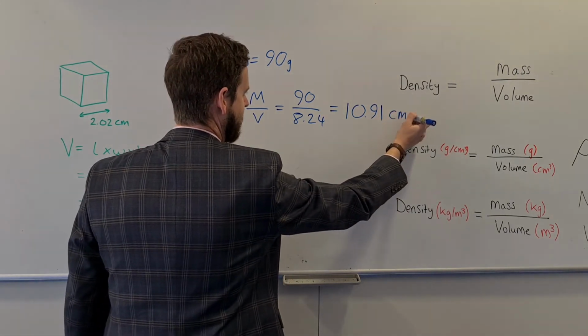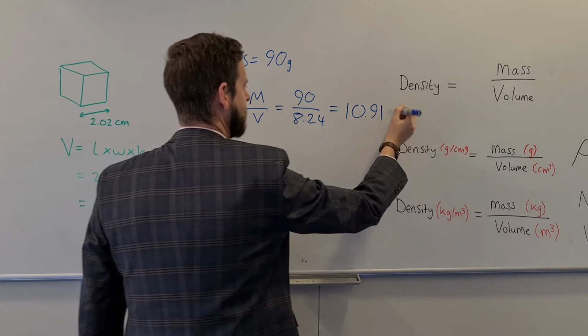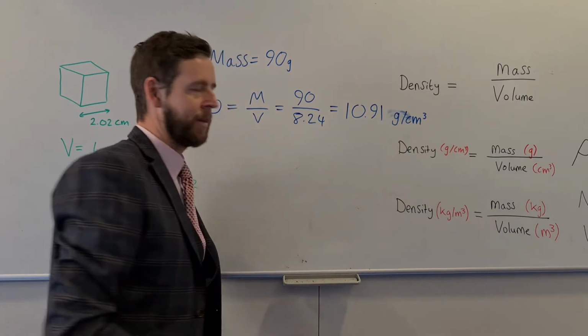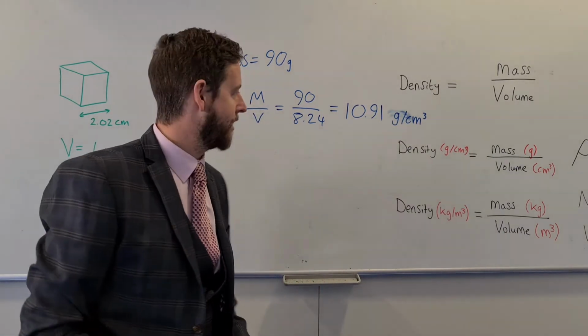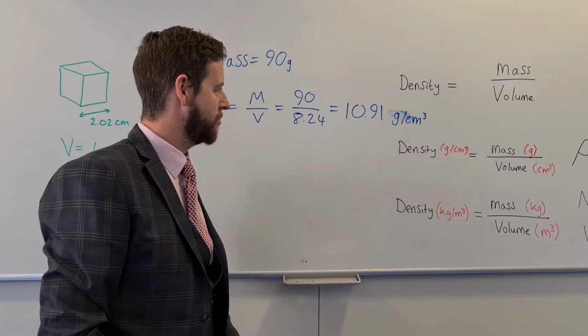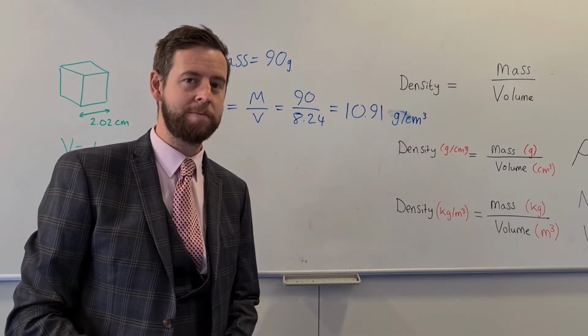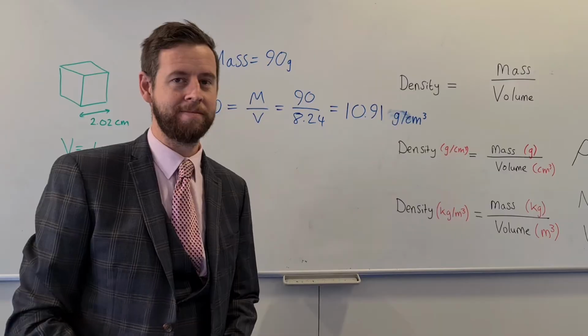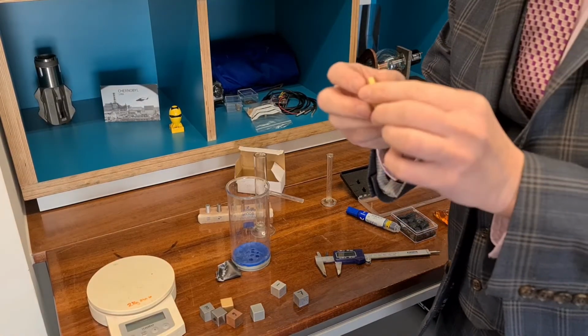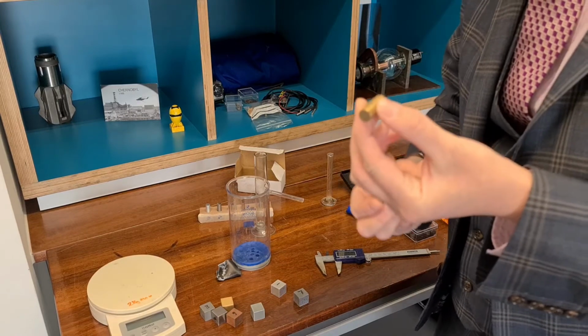That might not be quite right, but the units would be grams per centimetre cubed. And so I've now figured out that this material has a density of 10.9 grams per centimetre cubed. But what about this? This is a cylinder.